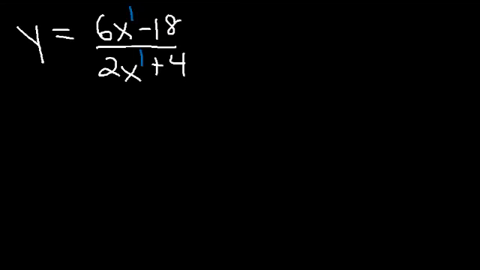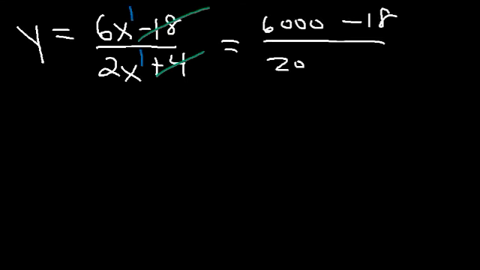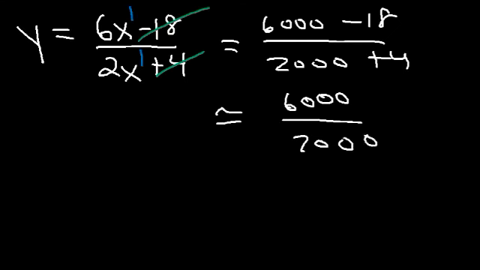Whenever you see that, to find the horizontal asymptote, ignore the 18 and the 4, because when x approaches infinity, the 18 and 4 are insignificant. If you plug in 1,000 for x, it's going to be 6,000 minus 18 divided by 2,000 plus 4, which is approximately 6,000 over 2,000, which is approximately 3.